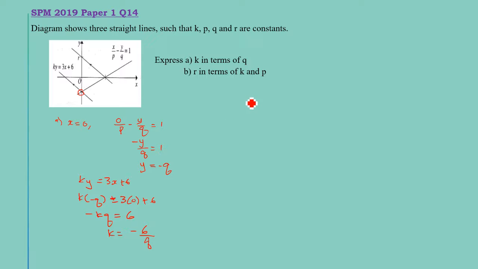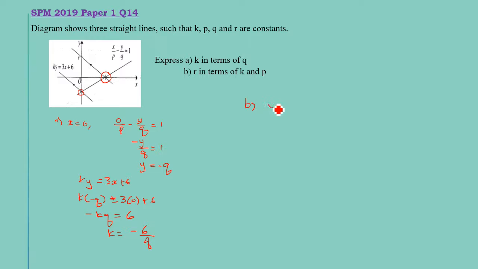Now for part B, since it has to do with r, you're talking about this line. These two lines are parallel to each other. Again, we need to know what this point is, then we can find the equation of this line. At this point, you can see very clearly your y is 0.